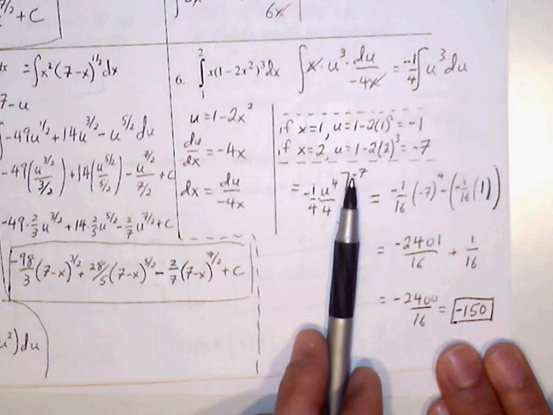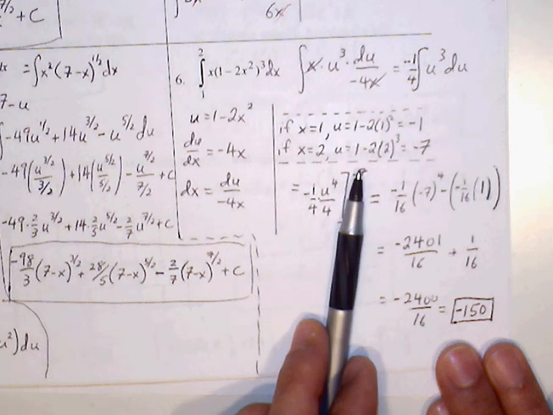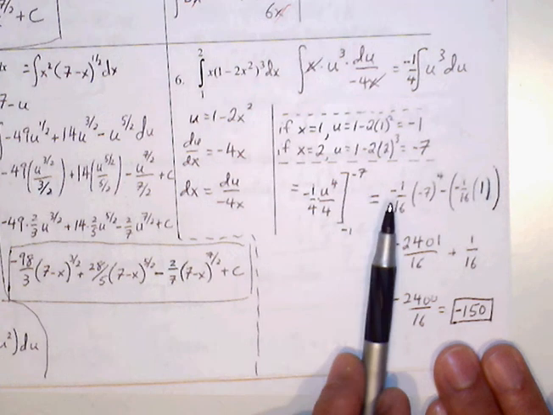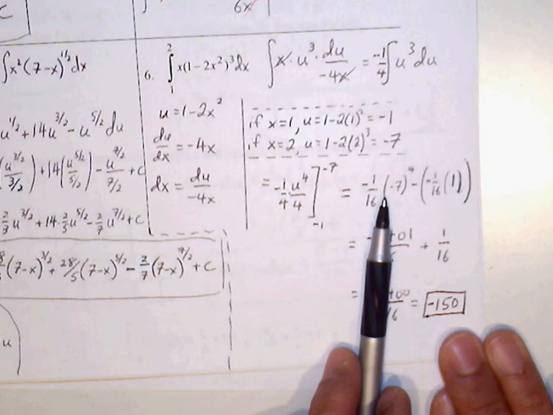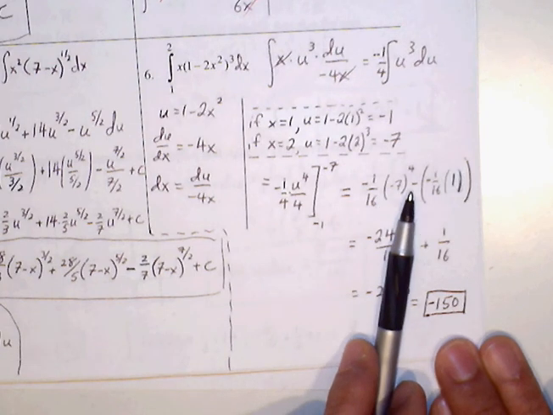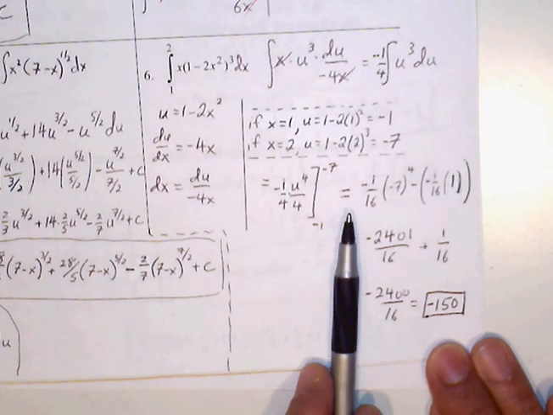Now when we evaluate, we're going to plug the upper bound in for u first. So negative 1/16 times negative 7 to the 4th, minus. Always include this minus as part of the first fundamental theorem of calculus whenever we're evaluating a definite integral. Now we plug in the lower bound. Negative 1 goes in for u.